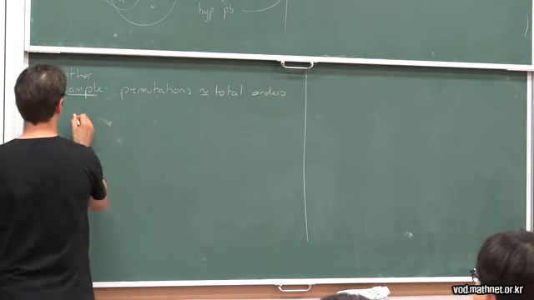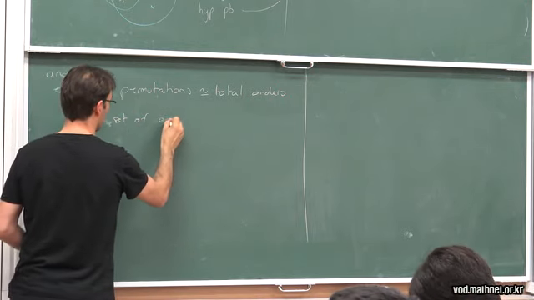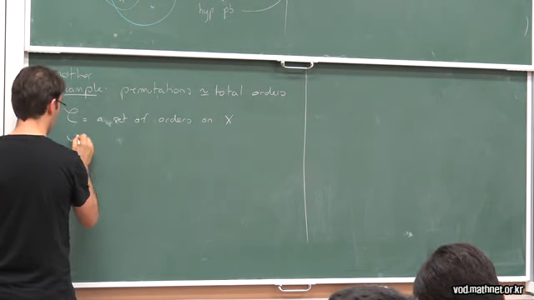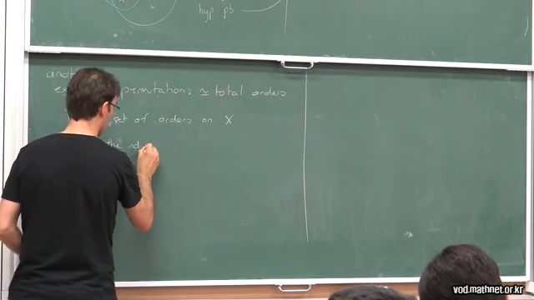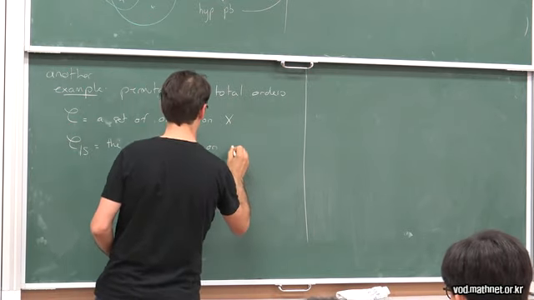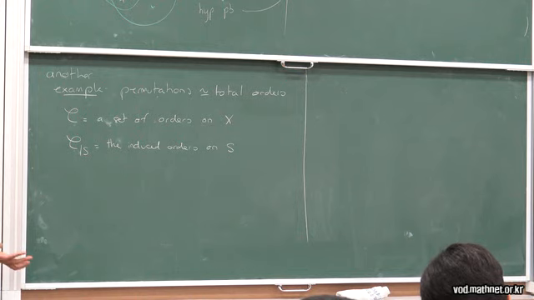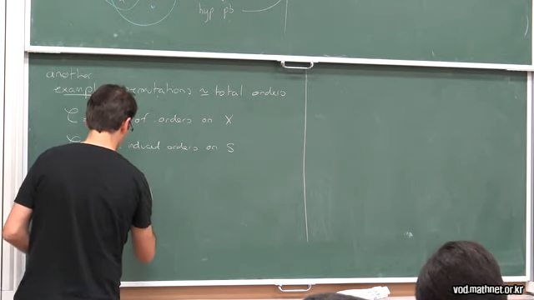So C is a set of orders on X, and C sub S is the induced orders on S. And you can do the same. Given a k, you can count how many different orders you can induce on k elements, and you can look at the same function.